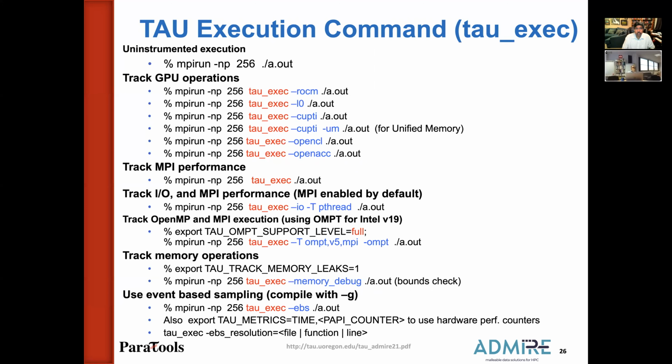And this includes -rocm for the AMD GPUs, or -l0 for level 0 on Intel GPUs, or -opencl for Intel GPUs or AMD as well, or -cupti for NVIDIA with CUDA, or -cupti with unified memory -um, or -openacc.